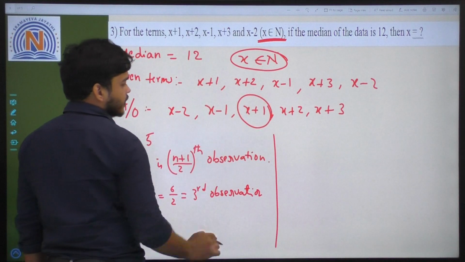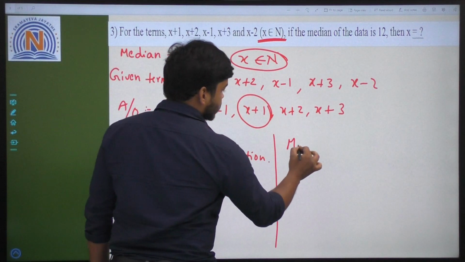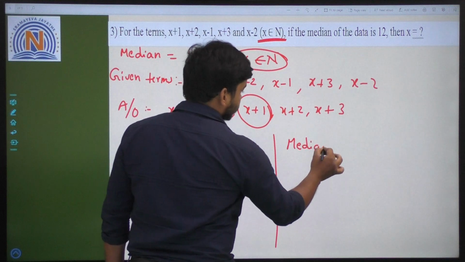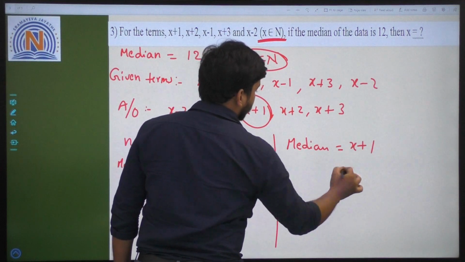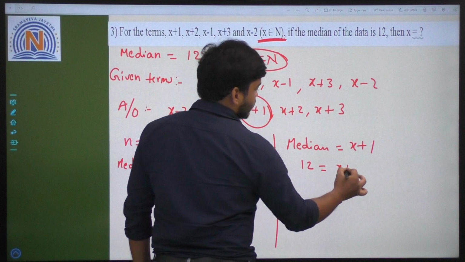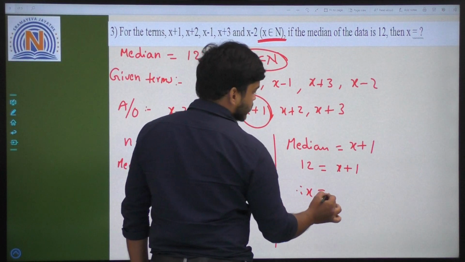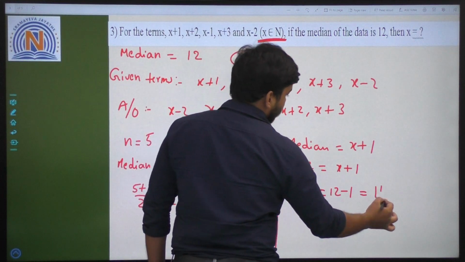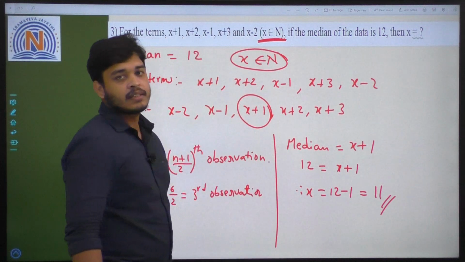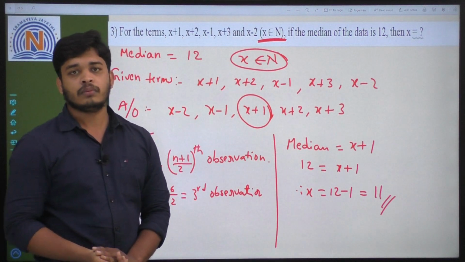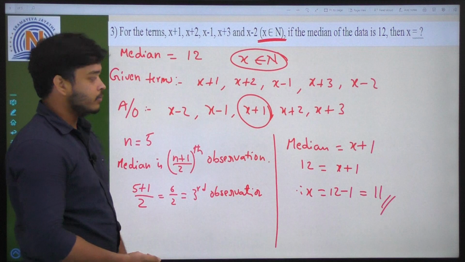This third observation is the median. So median is equal to x plus 1. Here the median is given as 12, so x plus 1 equals 12. Therefore x is equal to 12 minus 1, 11. 11 is the x value. Understood? Now the next problem.